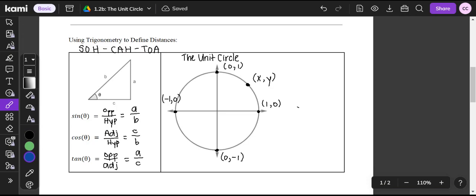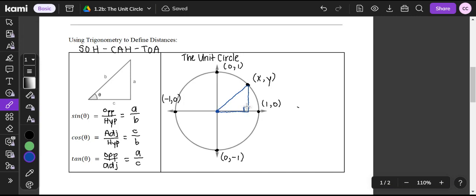What we can do is say from the center of this circle to the point I'm trying to find, we can connect that and make that the hypotenuse of a right triangle. So how would I do that? Well, I just need to finish the triangle just like this.